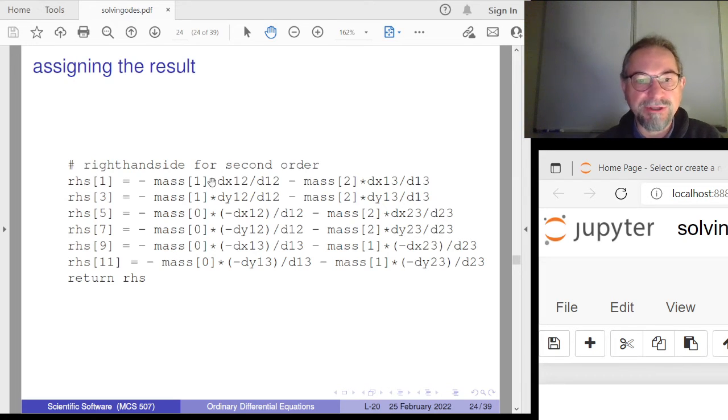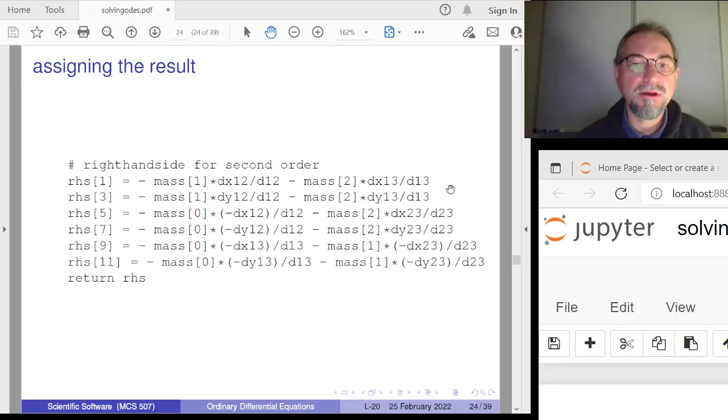That was the equation that was defined on the slide in full. Here we now see the corresponding Python code. So the function that will be given on input to the ODEInt is now defined.